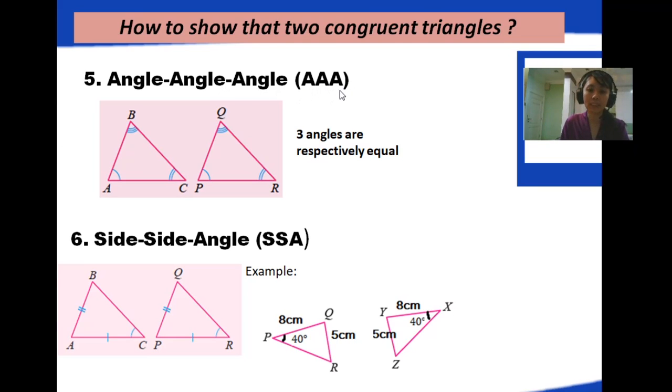Rule number 5, angle, angle, angle. AAA means that all these three angles are respectively equal. And then rule number 6, that is side, side, angle.